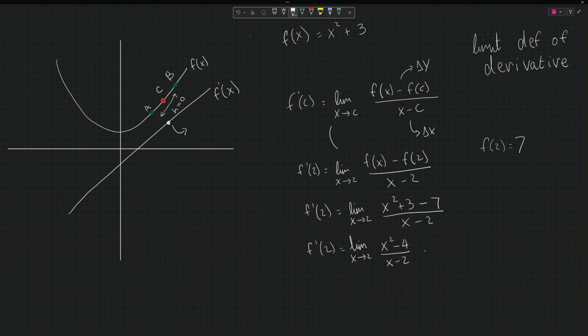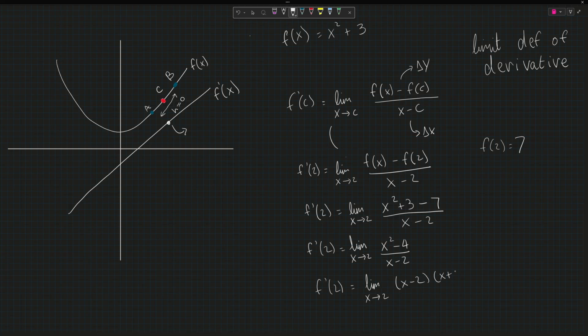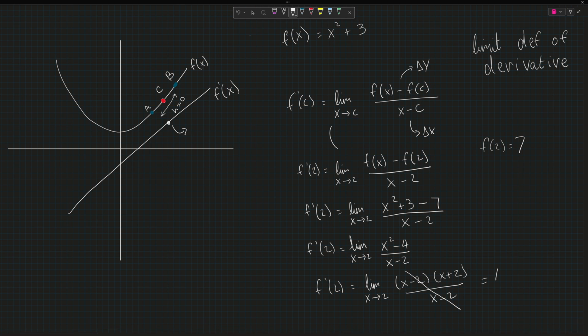So x minus 2 and x minus 2 cancel out. So in other words, we'll have f prime of 2 equals the limit as x approaches 2 of x plus 2. So these two divide out. And then when you plug in 2, since we have no denominator, 2 plus 2 is 4. So that's the instantaneous rate of change at f of 2, or f prime of 2 equals 4.